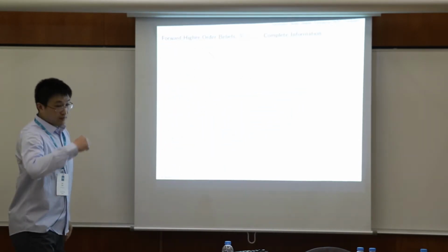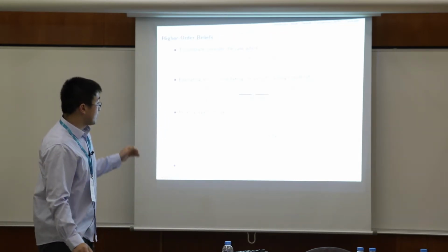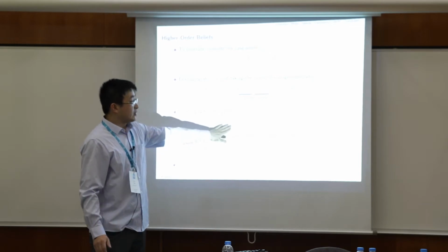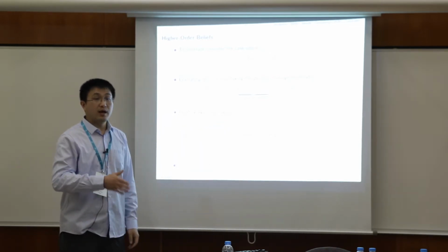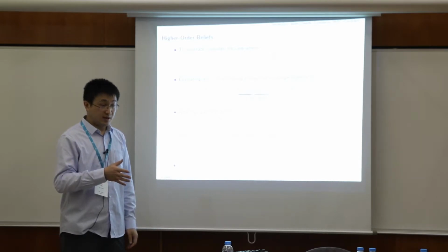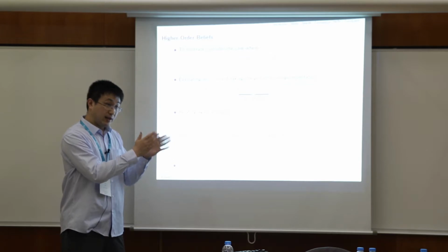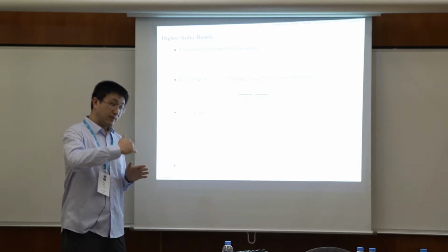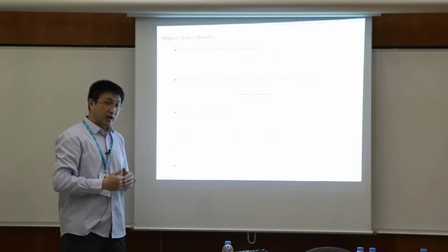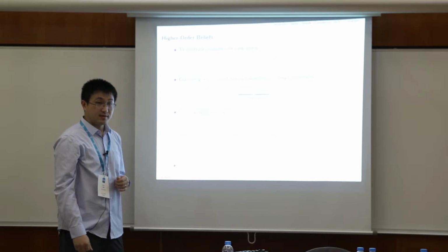If you keep doing this, the aggregate action is going to be a weighted average of all this forward higher order belief. It's going to be a weighted average of the average belief about the fundamental today, the second order higher belief about the fundamental tomorrow, and the third order higher belief about the fundamental 2 days ahead, and so on and so forth. Okay.